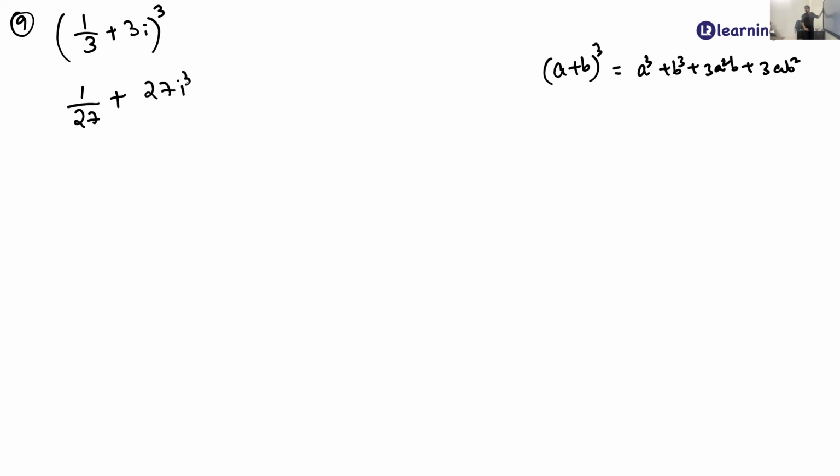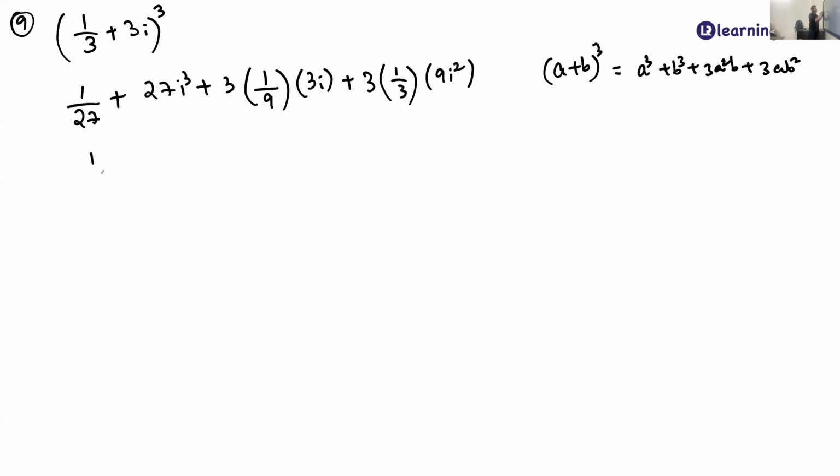Plus 3a square b. So 1 by 3 the whole square is 1 by 9 into b is 3i, plus 3ab square, that is 1 by 3 into b square, that is 9i square.